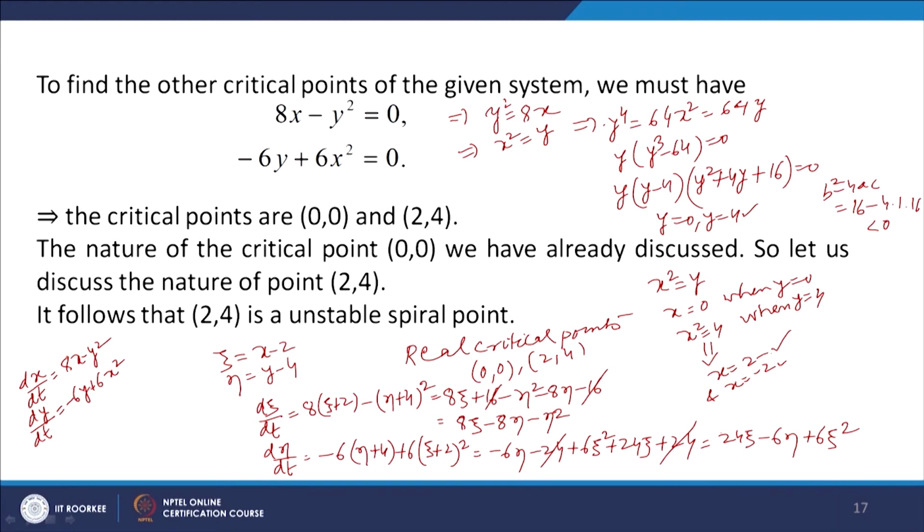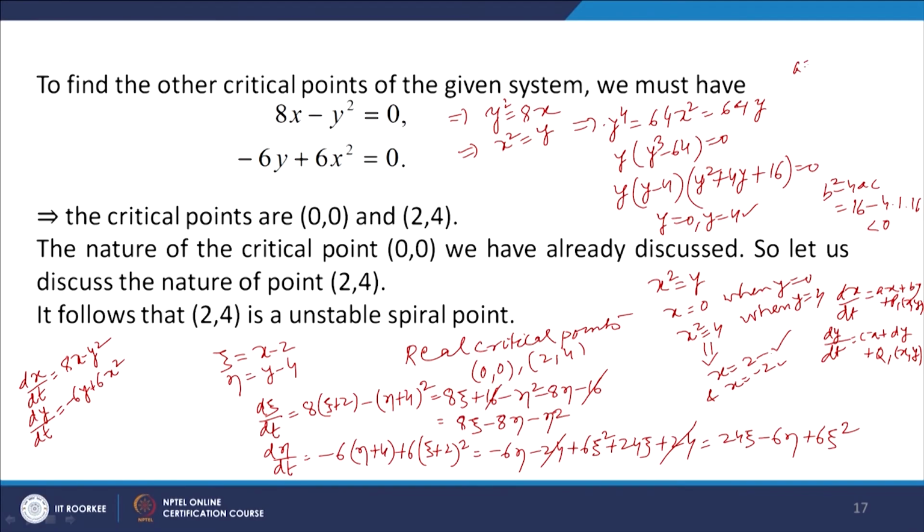This system is of the same type as we have taken, dx by dt equal to ax plus by plus p1 xy, and dy by dt equal to cx plus dy plus q1 xy. This system is the same as this system. You can see AD minus BC is not equal to 0.